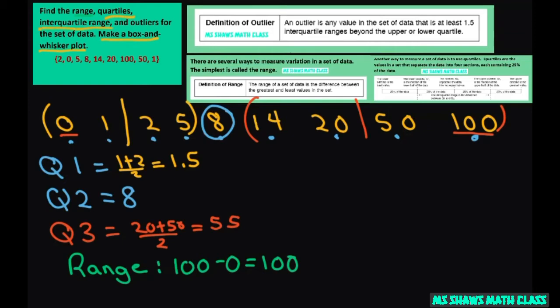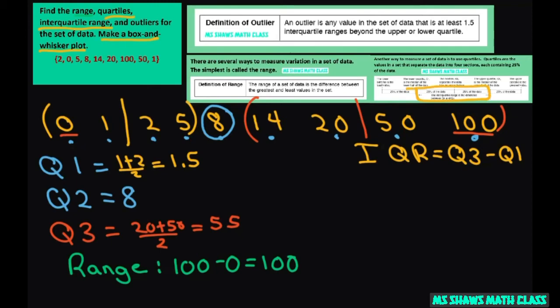The interquartile range. So the interquartile range is the difference between quartile 3 minus quartile 1. It's this area right in here.